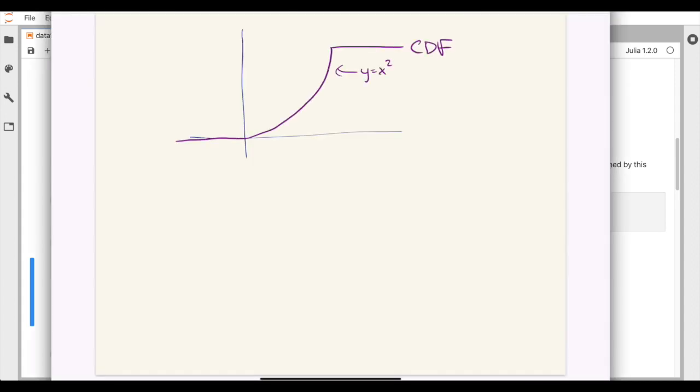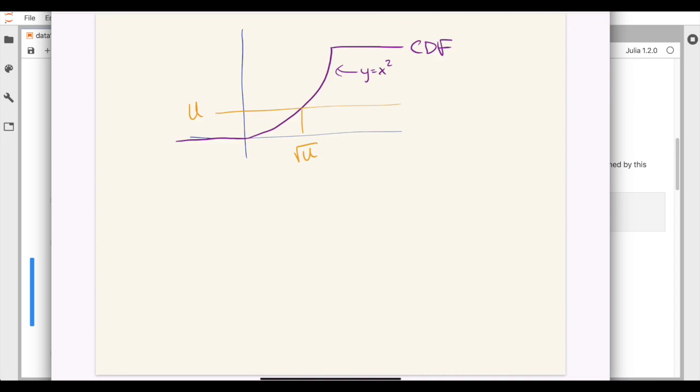So if we do the inverse CDF trick, we'll generate a random variable u, and we'll find the corresponding point on the x-axis and return that value. And since this graph that it's going to hit is the graph of the function y equals x squared, then the point on the x-axis that we return is the square root of u. So this gives a formula for generating a sample from this distribution.